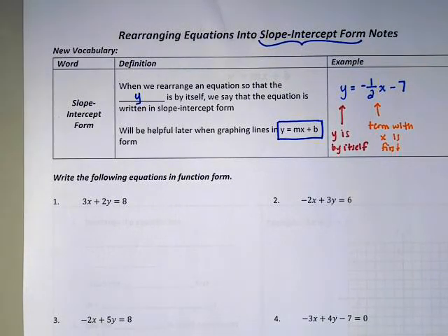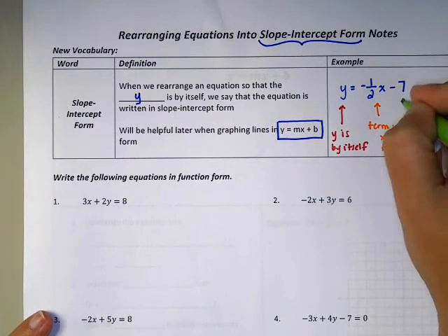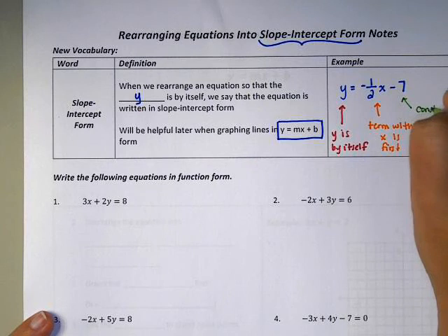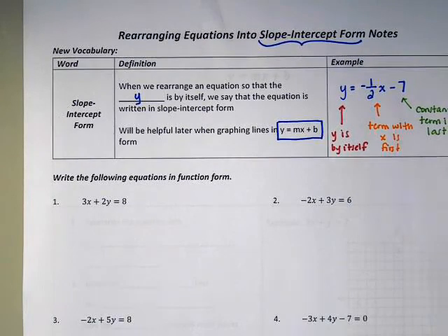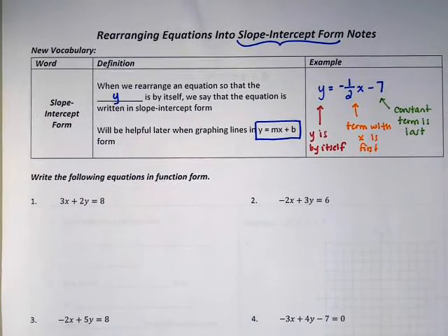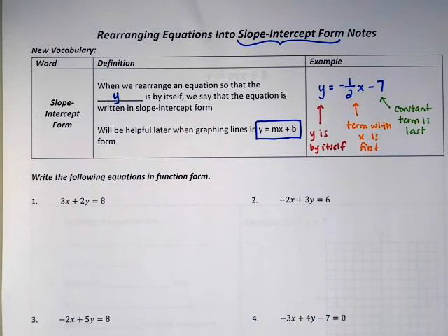And the constant term, which does not have an x, should be last. As soon as you have that, you know that you have your equation in slope-intercept form.